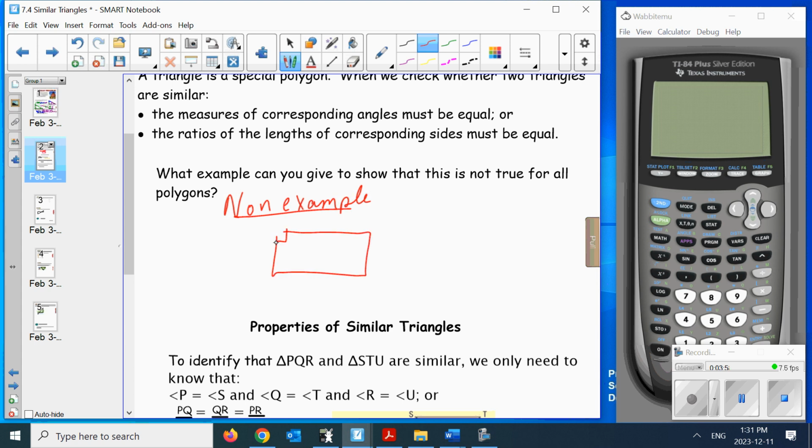You draw a rectangle, all 4 angles 90 degrees, and a square.